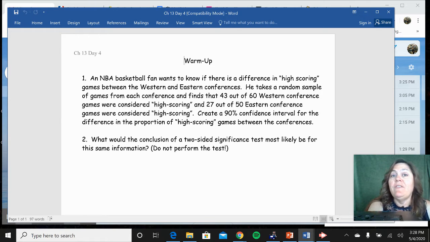Actually, we're doing a confidence interval first: what you got with your confidence interval and what that would mean for a significance test. But notice it says do not perform the test. Just tell me from your CI, what would you say about the significance testing? Since this is going to be a two-tailed test, we are able to make that indication. So work on that and then come back and check your work with me, okay?